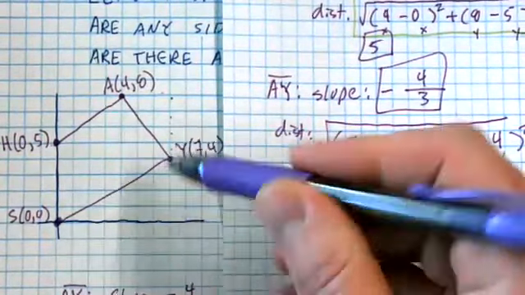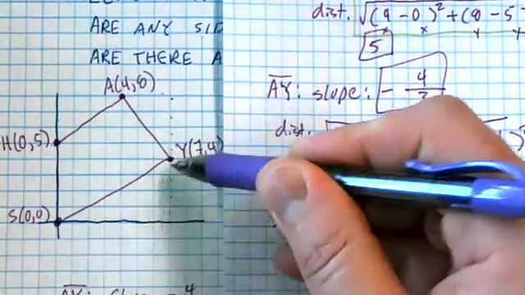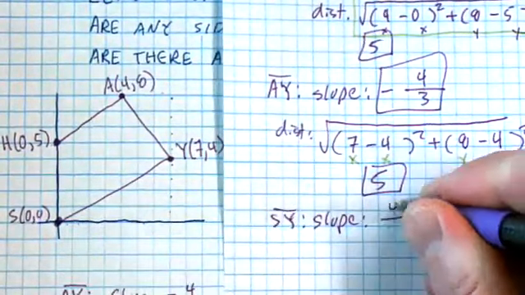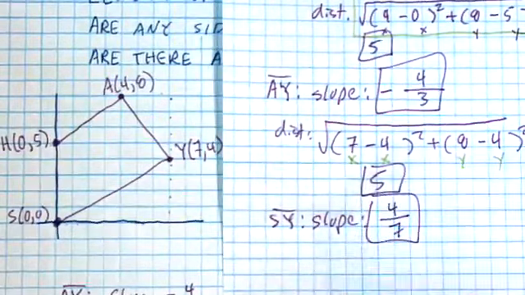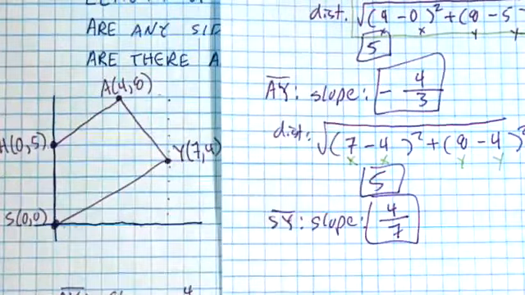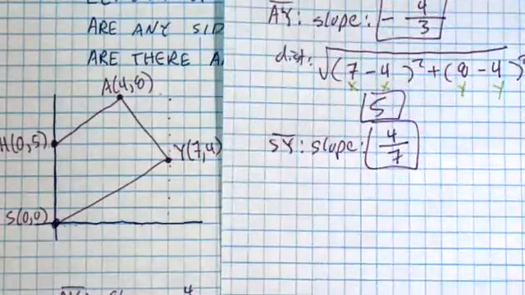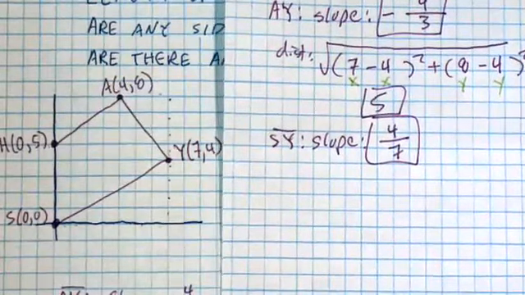If I count my rise over run, I'm going up by 4 and over by 1, 2, 3, 4, 5, 6, 7. So 4 over 7 for my slope. That doesn't match any of the other slopes that I came up with. So it's not parallel to anything. It's also not the reciprocal or opposite of anything. So we don't have any perpendicular there.